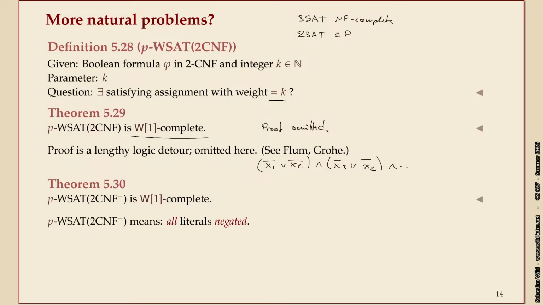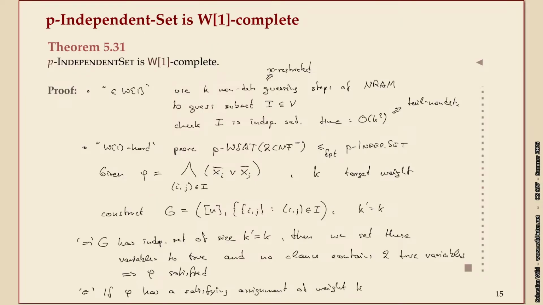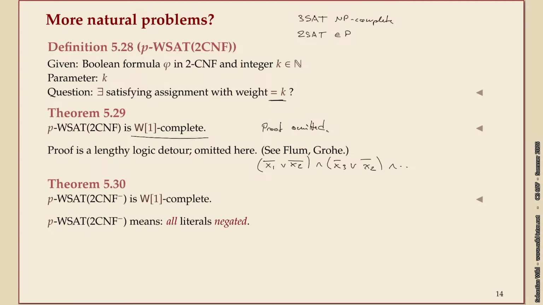And then we've seen there are further complete problems for this, and independent set is one of them as well, which followed from the specific weighted satisfiability problem. Now the slightly annoying part here is that we couldn't do the full proof because I looked into this again, and it just gets into a lecture on logic, and I felt this is not where we want to go.